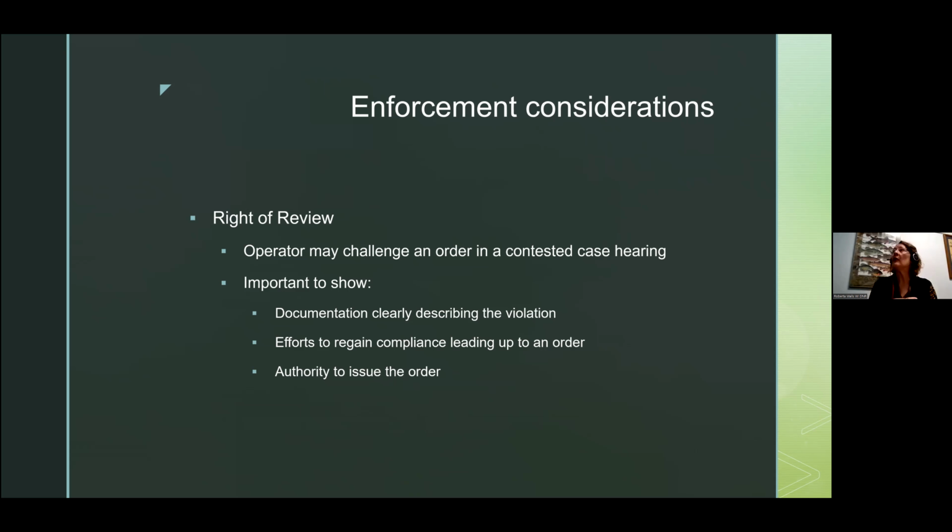Do know that when you embark on enforcement, and by enforcement, I'm not really talking at this point about those one-on-one conversations that you're having with operators. This generally begins when you start doing orders, be it a general order to comply or a stop work order.